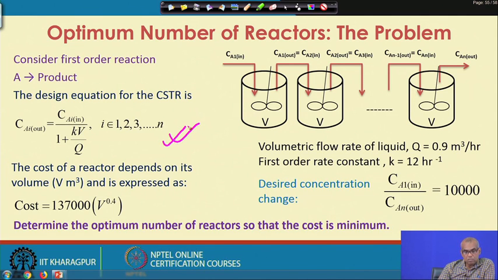The cost of a reactor depends on its volume and is expressed as cost equal to 137000 into V to the power 0.4.